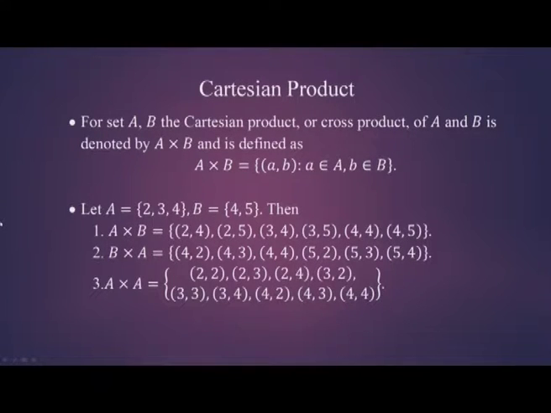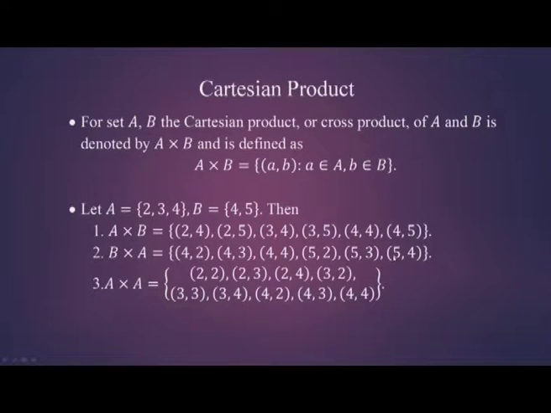We can go the other way around. We can have Cartesian product of B and A, write it as B cross A, and we get (4, 2), (4, 3), (4, 4), and then here (5, 2), (5, 3) and (5, 4).